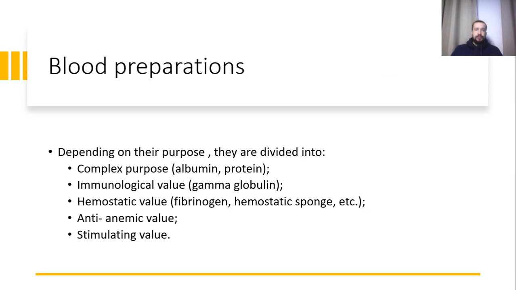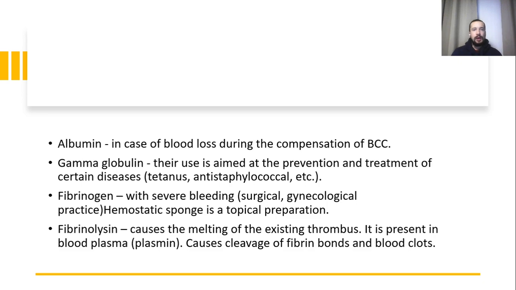Blood preparations. Depending on their purpose, they are divided into complex purpose, immunological value, hemostatic value, anti-anemic value, and stimulation value. Albumin, in case of blood loss, for the compensation of protein. Gamma globulin. Their use is aimed at the prevention and treatment of certain diseases, tetanus, anti-staphylococcus infection.